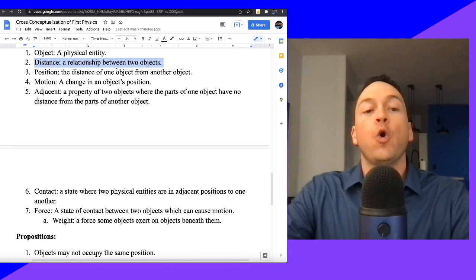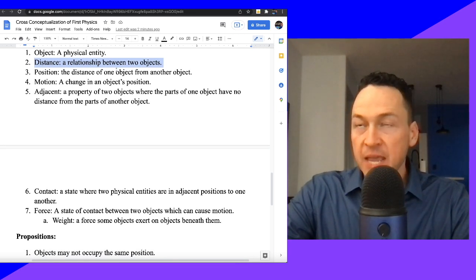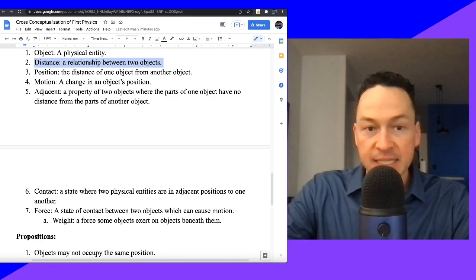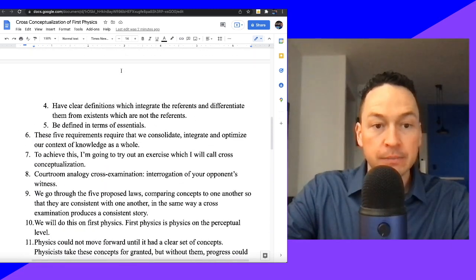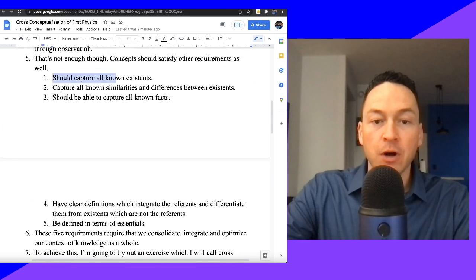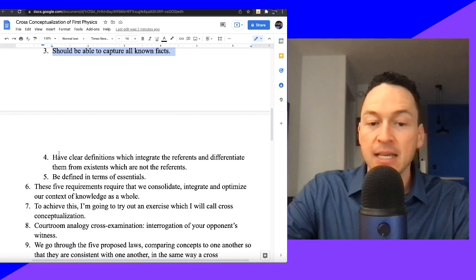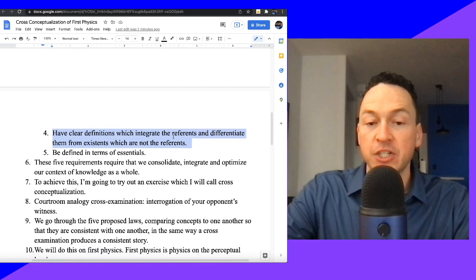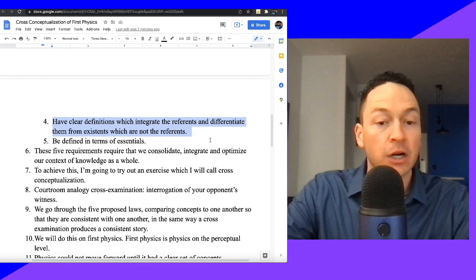Well, you rely only on observations, and you demand that your conceptual framework as a whole be able to, what did I say? Let's go back to the rules. Capture all the known existence, capture the similarities and differences between existence, capture all the known facts, have clear definitions which integrate and differentiate, which integrate things that are similar and differentiate things that aren't similar.